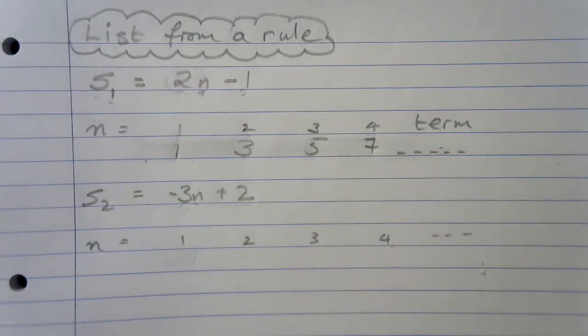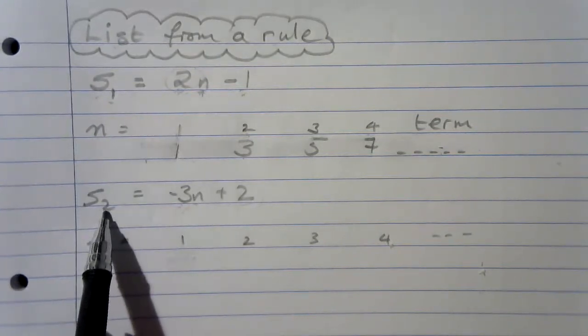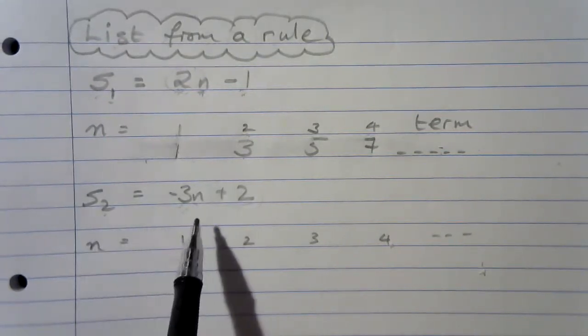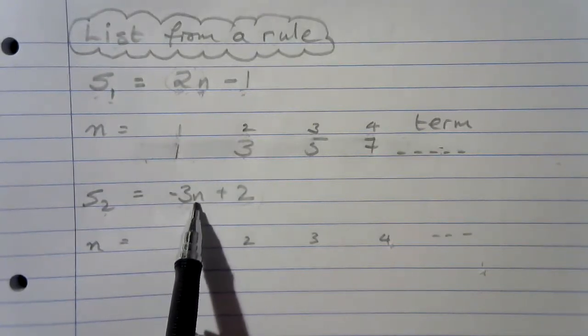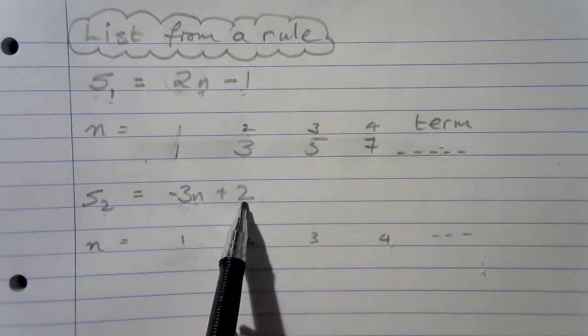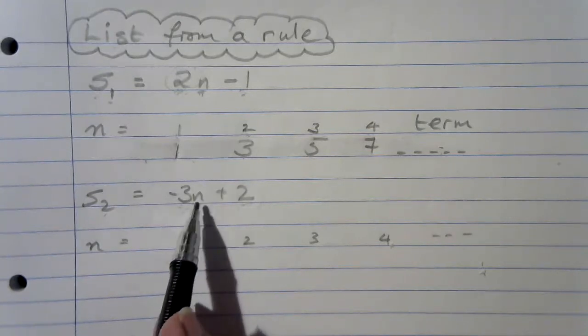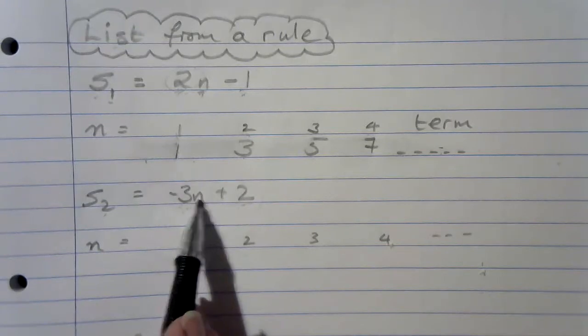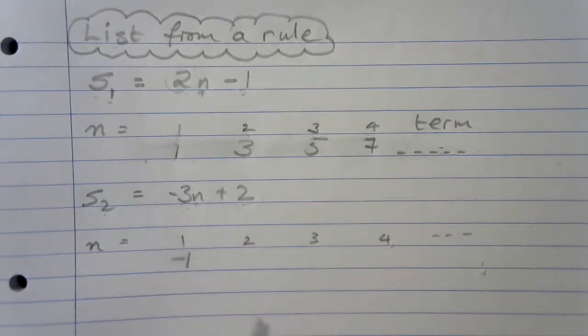Right, now let's have a look at another sequence here, so I'll call it sequence 2. This time the rule is negative 3 times n and then add 2. So my first term, n equals 1. So negative 3 times 1 is negative 3, plus 2 gives me negative 1.